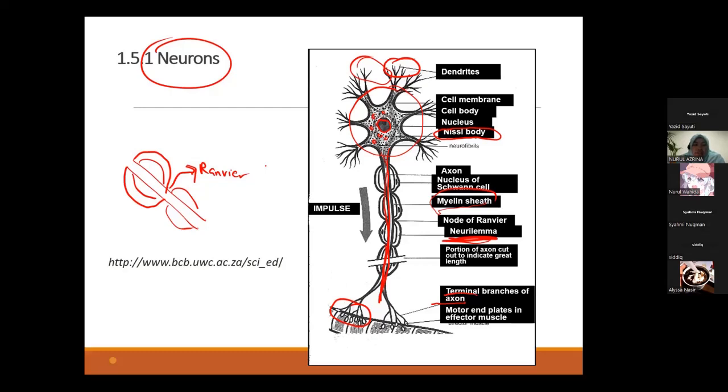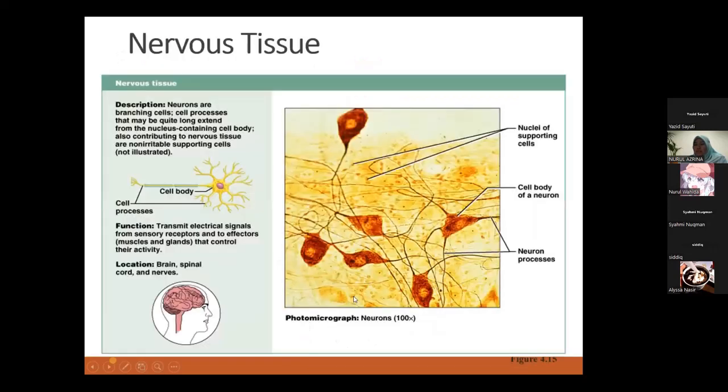Nodes of Ranvier. All right, and you can see that the impulse travels from the dendrites towards the axon. Okay, right. So that is the detail.